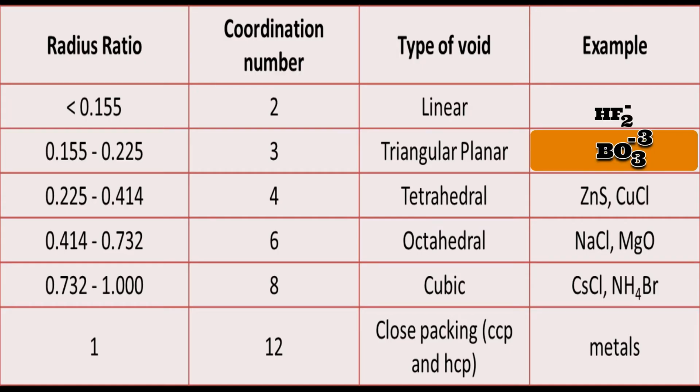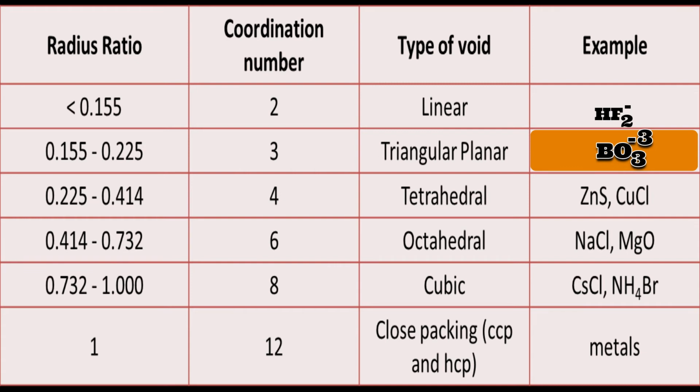Now this table is the summarized representation of the radius ratio rule. What does the radius ratio rule say? If the radius ratio is less than 0.155, then the coordination number for that void will be 2, and the type or site of that void will be linear.